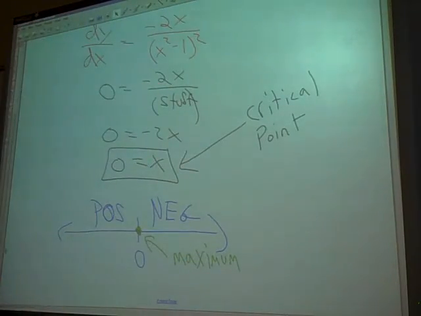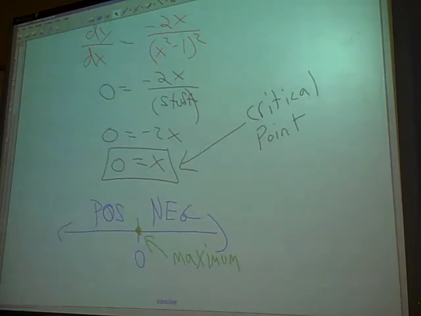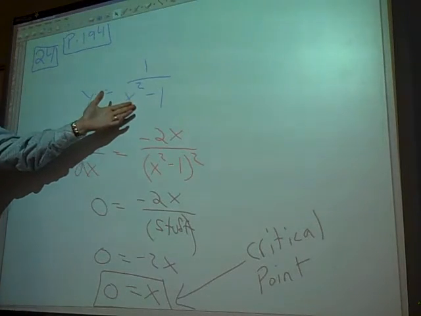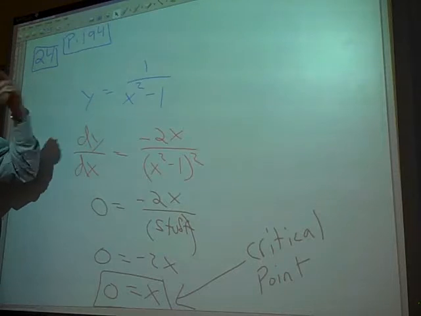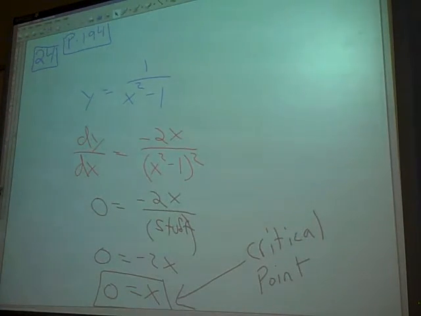I would say that's a local maximum, but then we would have to know what that function looks like to say. What do we know? This function exists for all x values, except for x equals 1 or negative 1.